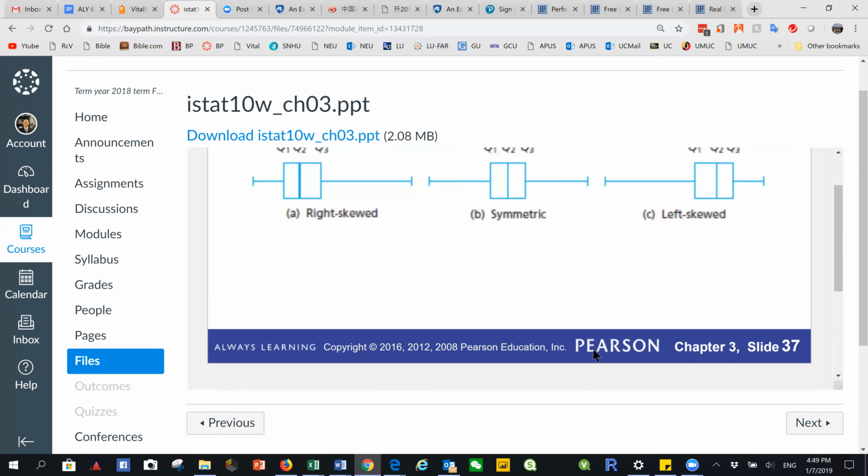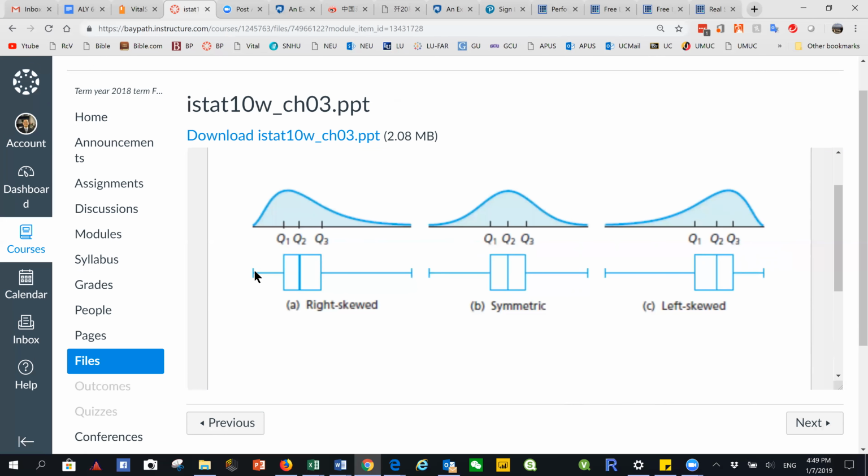And then how do you build what we call the whisker? The whisker is the line connecting Q1 to the minimum within the lower fence. What is a fence? A fence is built by extending from Q1 by 1.5 times IQR.